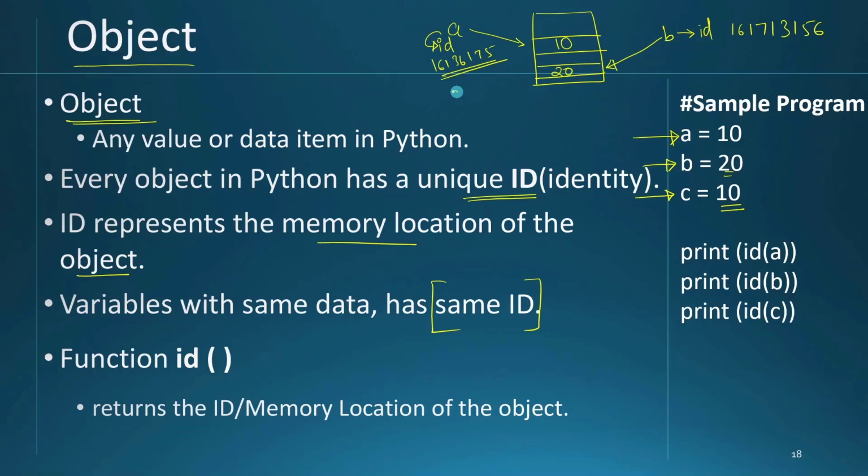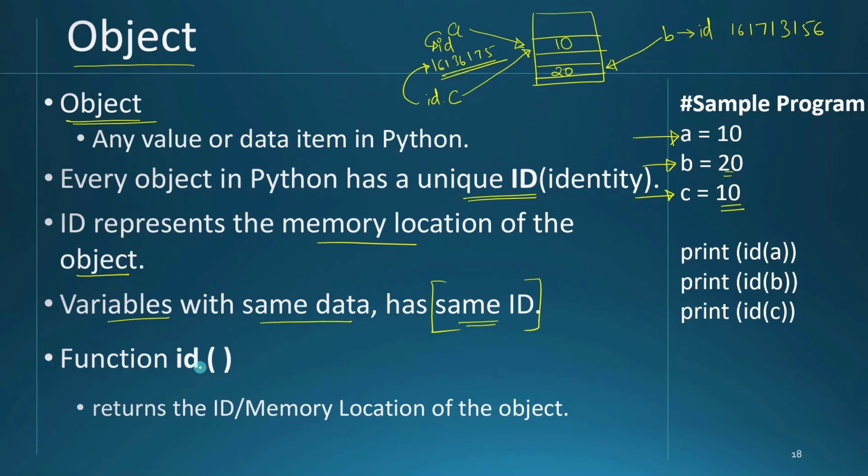It will create a new variable c and ask c also to refer to the same memory location. Okay, so now you see c also will have the same ID as a because both of them are referring to the same memory location where value 10 is stored. That is why we say variables with same data have same ID.